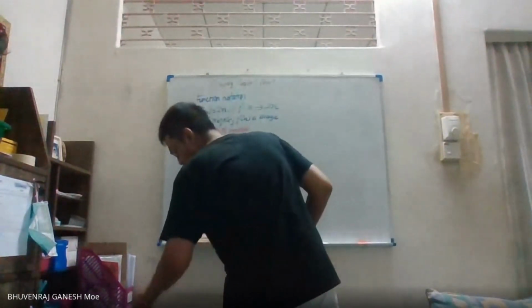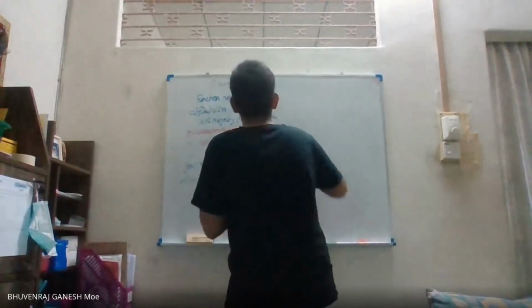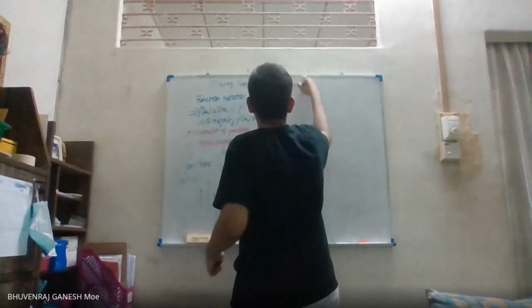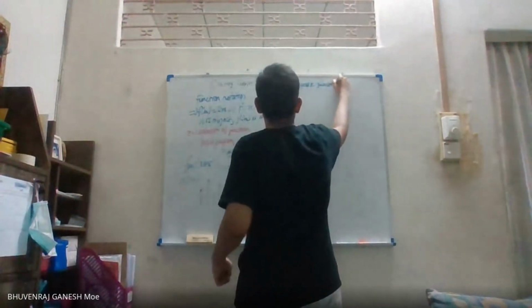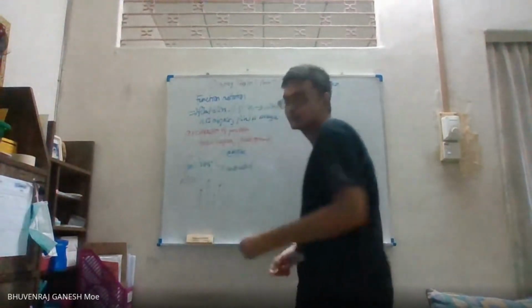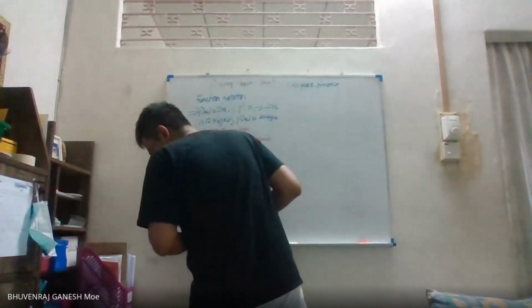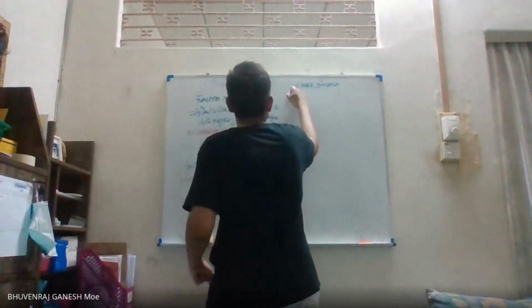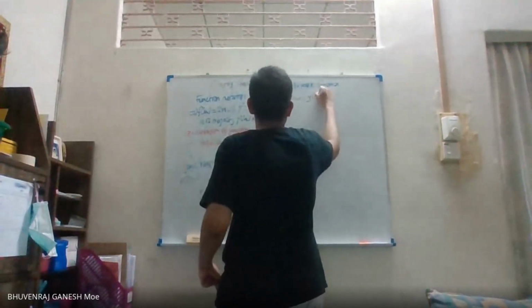And then composite function. For composite, you also have to understand the word to understand what they're trying to tell. So composite function is, let's say, gf(x) is equal to g(f(x)).